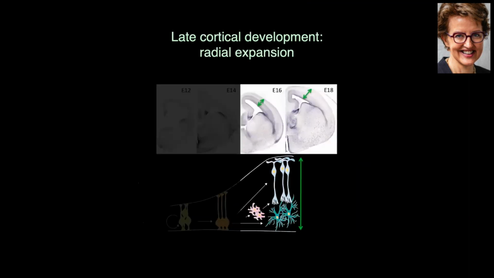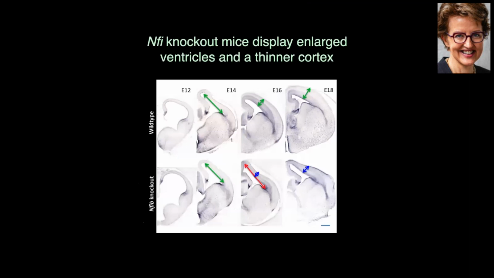And so during late cortical development, when this asymmetric division begins, there's a radial expansion of the cerebral cortex, as you can see here, as the cells begin to differentiate and migrate out to form the cortical plate. So first, this lateral expansion of the ventricles, then this radial expansion to form the cortex. So that's the normal development. And what happens in NF1 knockout mice is that they display enlarged ventricles and a thinner cortex.